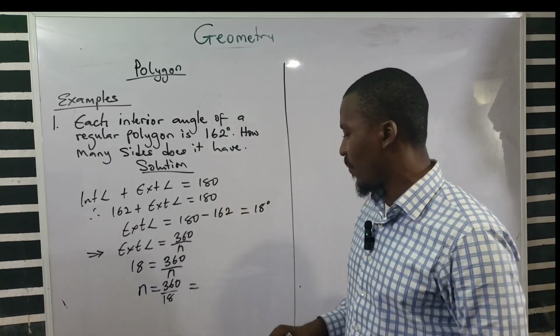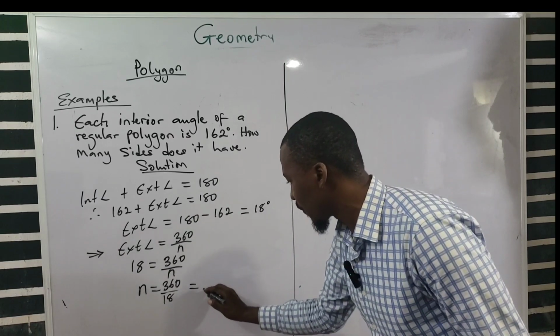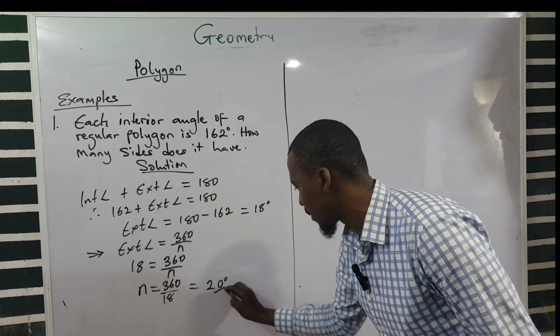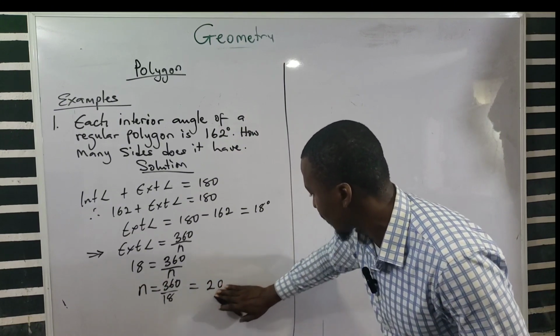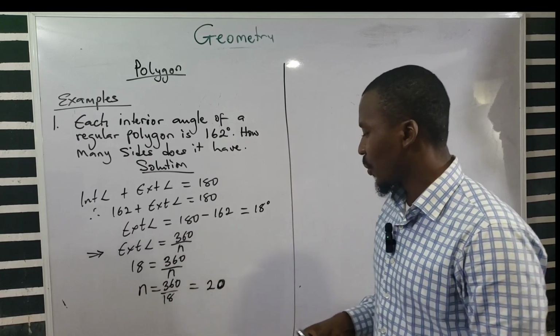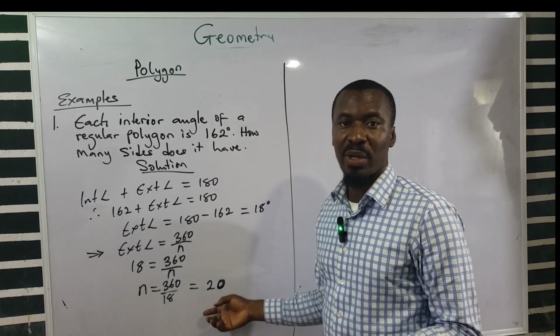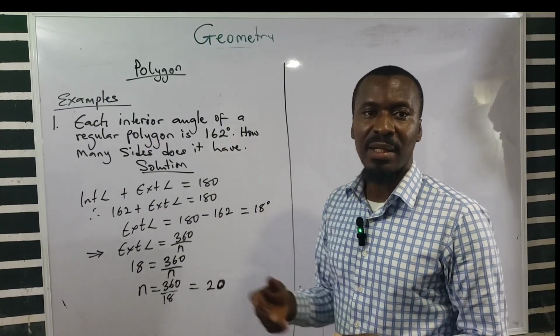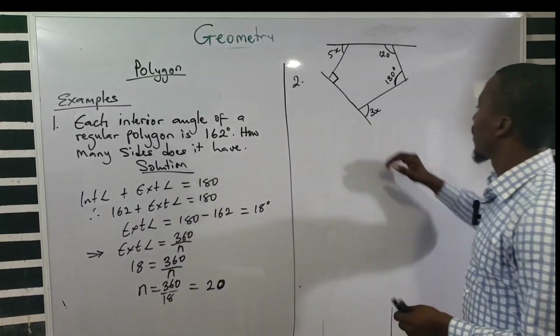So 360 over 18, that will give you 20. Okay, so the number of sides is what? 20. So this particular polygon has 20 sides. Let's go to example number 2 now.